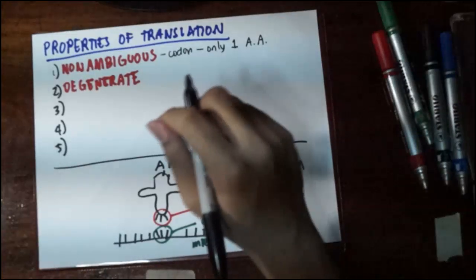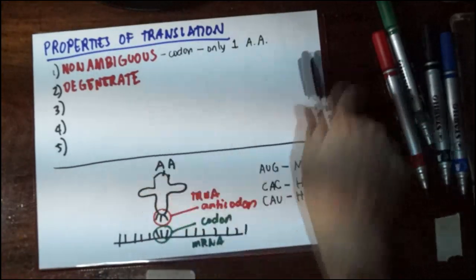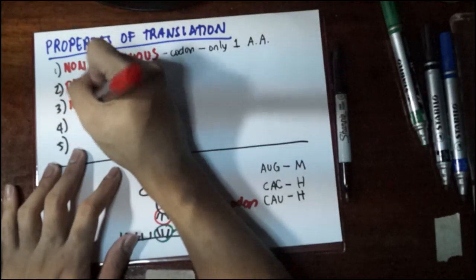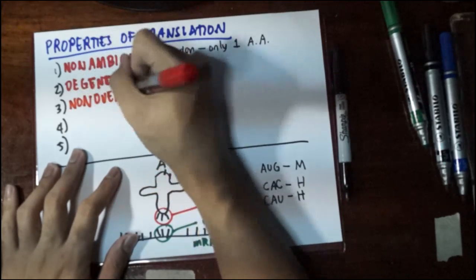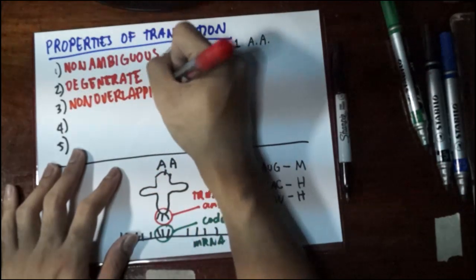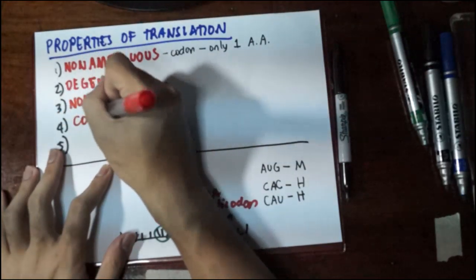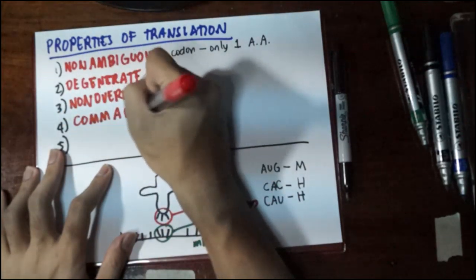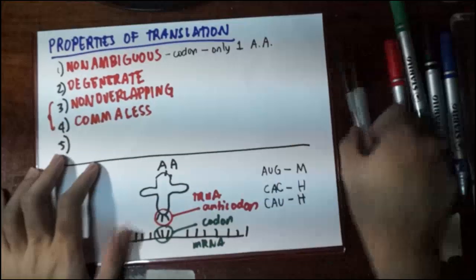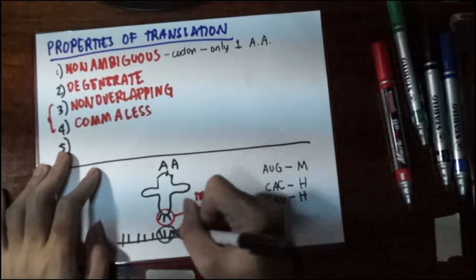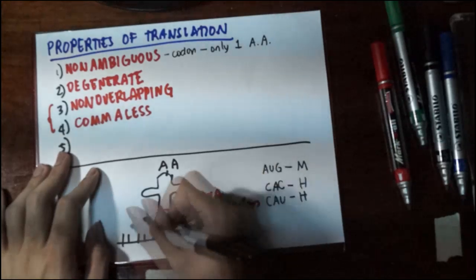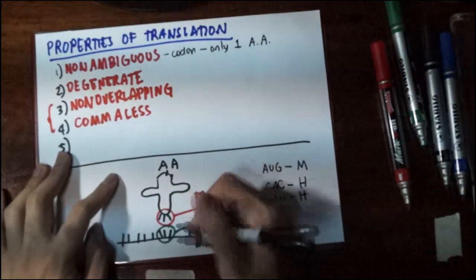Okay. The third is non-overlapping, and might as well include the fourth, which is commaless. So 3 and 4 are kind of joined together. In non-overlapping, it states that a nucleotide can only code for one amino acid. What do I mean?